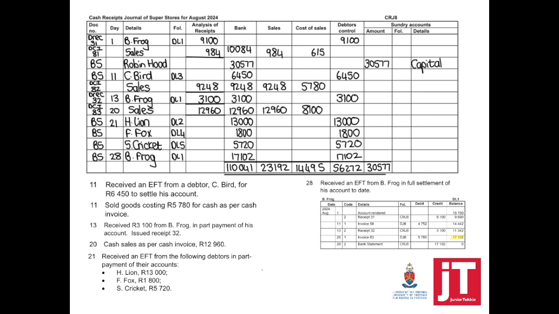If it doesn't, it means that somewhere you've made a mistake. To do a quick calculation to see if your cost of sales is correct, the business uses a fixed markup percentage, which means if you take your total sales and you times it by 100 divided by 160, it should equal your cost of sales.